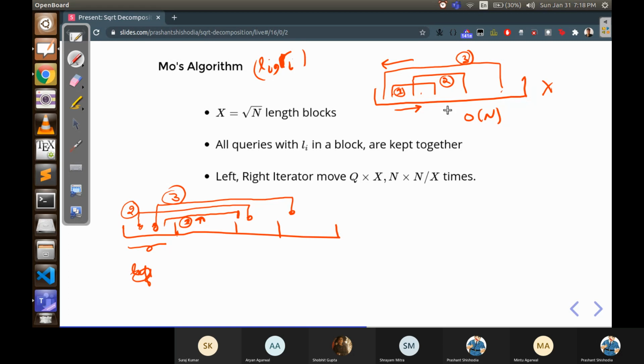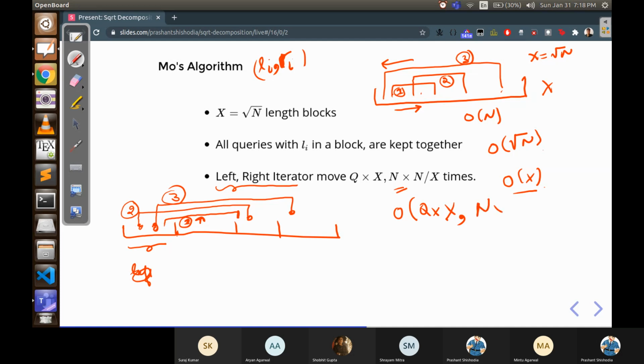So for each query, I'll take O(x) time, where x is the block size. If x equals root n, then I take O(√n) time. So for each query, I take O(x) time for the left pointer, that is O(q·x) in total, and for each block, I take O(n) time, because the right pointer only moves to the right and never turns left.